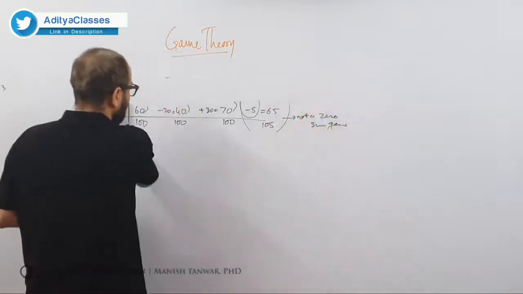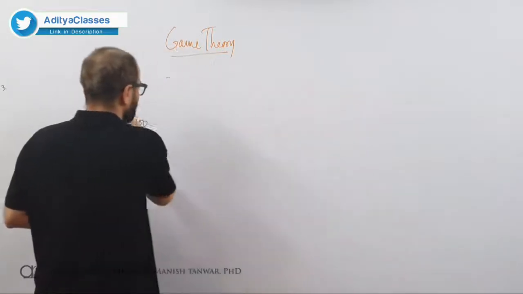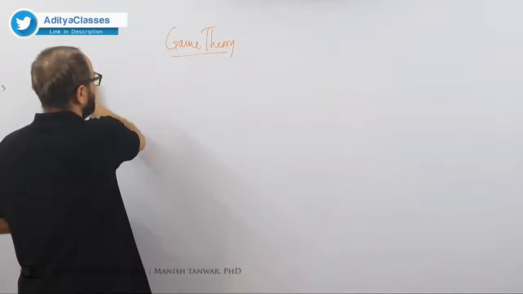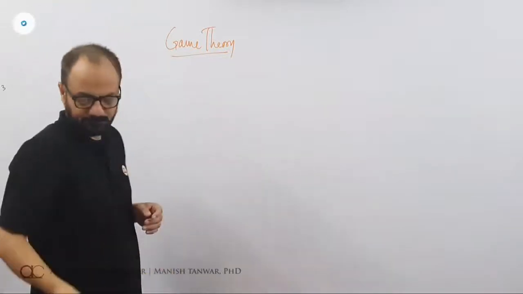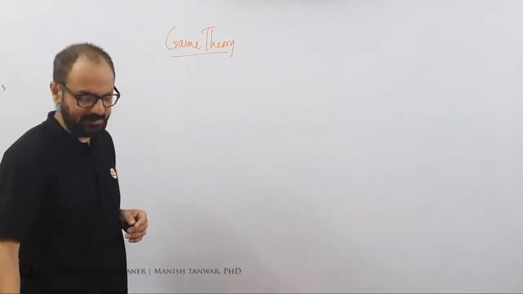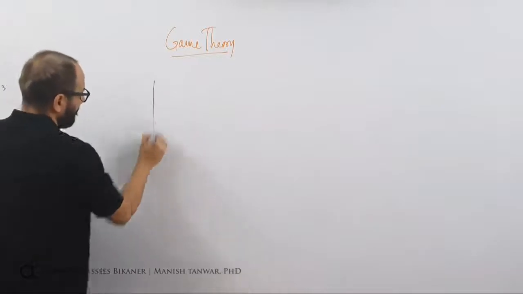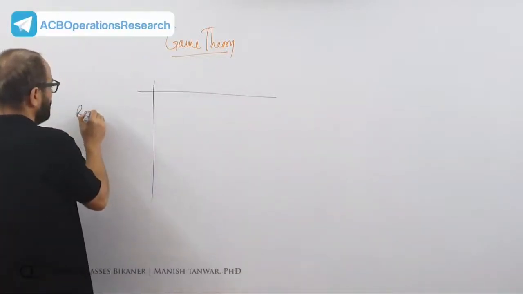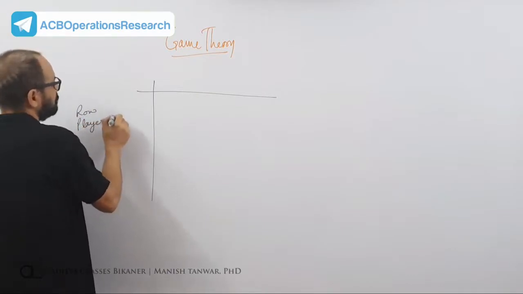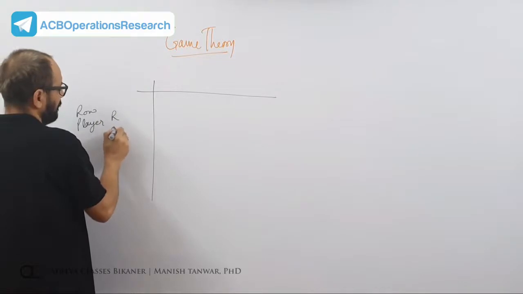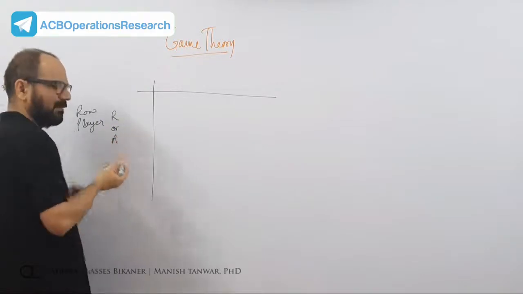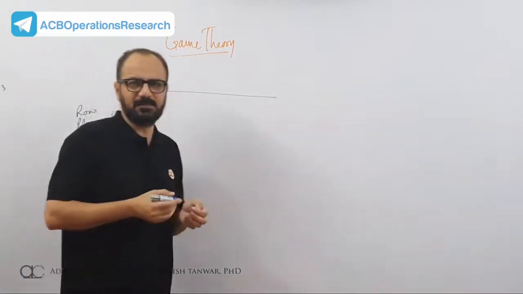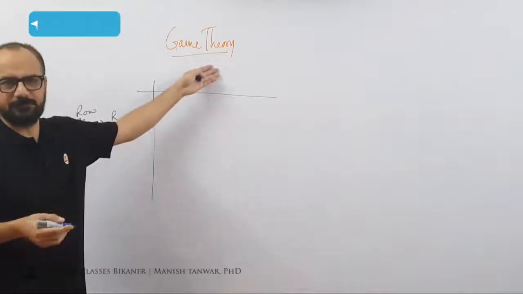Now before we try to understand how to solve these games, there are certain conventions that we follow. And those conventions go like this: we will be having a row player. We can call him R, or you could call him anything. It could be P, Q, R, S, it could be Pepsi and Coca-Cola.